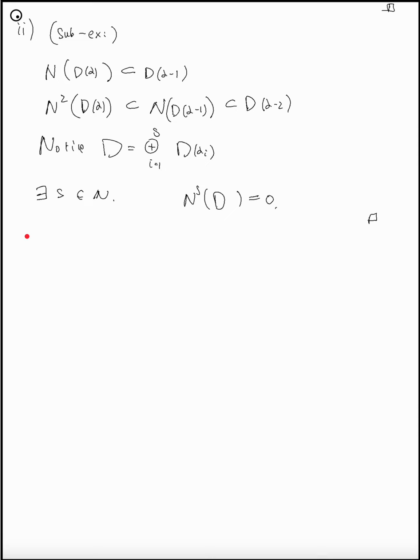So here's a possible alternative proof. Suppose N is not nilpotent. Then let's consider this decreasing chain.